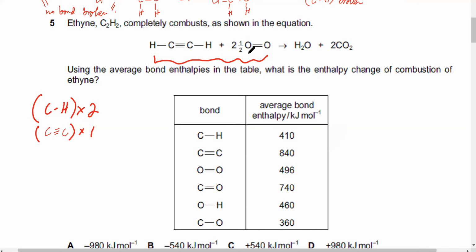Then there are 2.5 oxygen double bond oxygens that need to be broken. So there's an oxygen-oxygen double bond, and you have 2.5 molecules. So you have to break 2.5 oxygen double bond oxygens. All of these bond breakings would be endothermic.